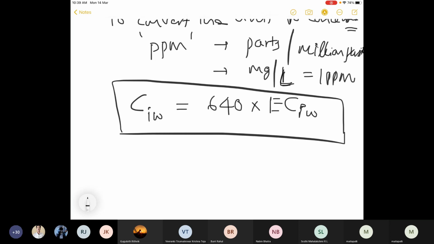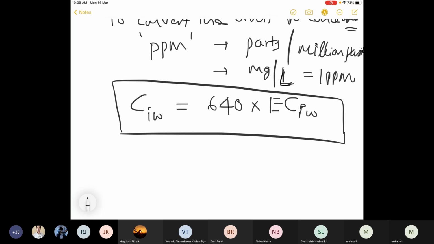So when you have a TDS meter with you, so next time if you observe, there are two units. One is ppm, the other one will be in decisiemens per meter, or if you see the microsiemens per meter kind of thing. So there are two. You can check a TDS meter when you check the quality of your drinking water.